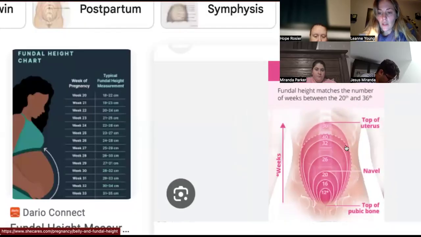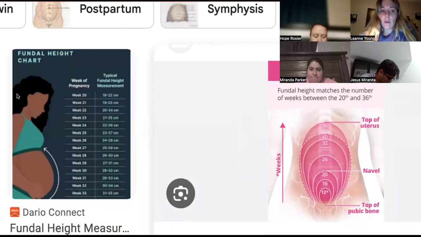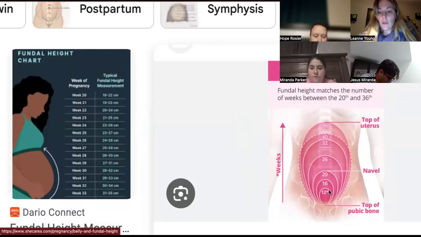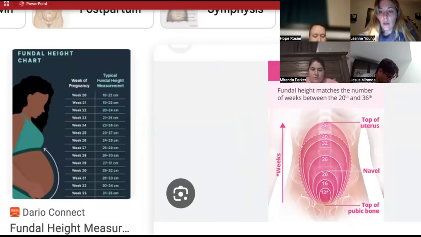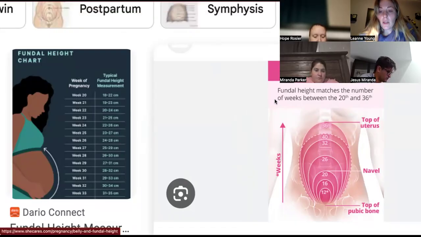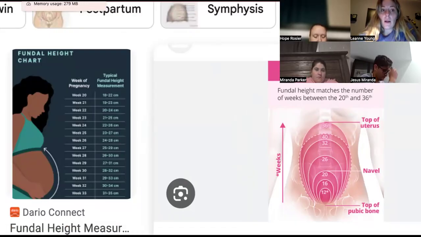So here we have a picture of the total amount of weeks and where the top of the uterus, or that fundal height, should be. You can see at 12 weeks it's down here, 16, 20, 26, 32, 36, 40. We're going to be measuring the fundal height at almost every appointment, especially when she gets into her third trimester. The fundal height should match the number of weeks between the 20th and the 36th.